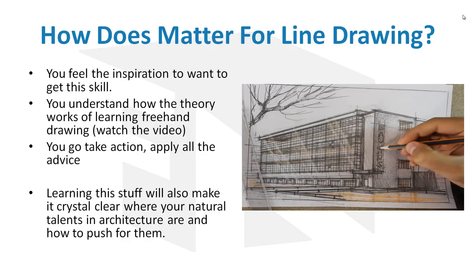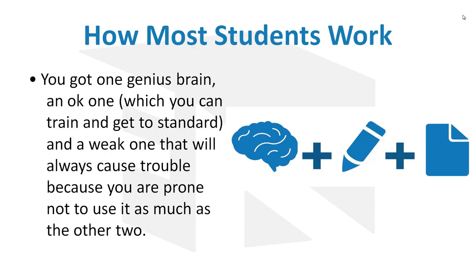Then you understand the intellectual principles, and then you take action and apply the principles and advice. Learning this will make it very clear why you're having a sticking point and where you've got natural talents, stuff that nobody can basically get.